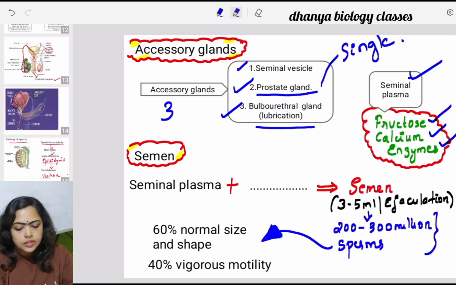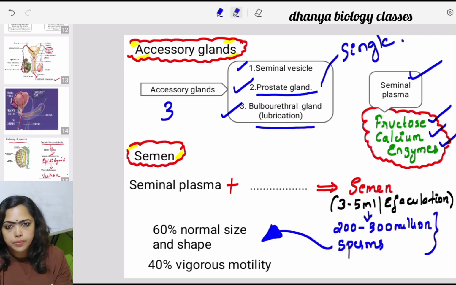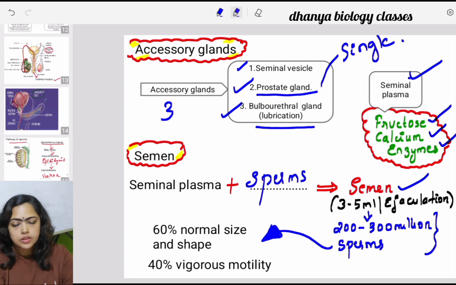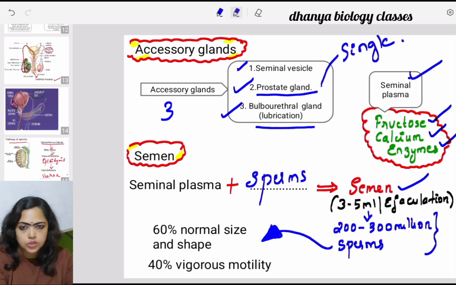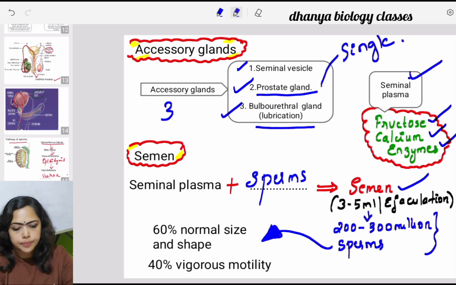The next thing is semen. What is semen? I told you the entire secretions from accessory glands are called what? Seminal plasma. This seminal plasma combines with sperms to form the fluid called semen, which is the fluid ejaculated during sexual contact from the penis.